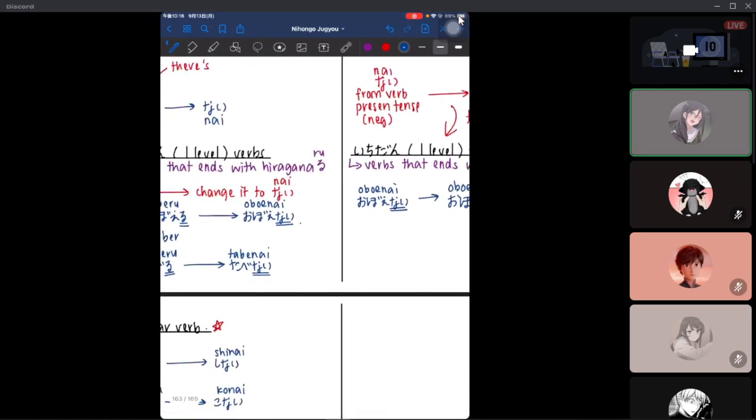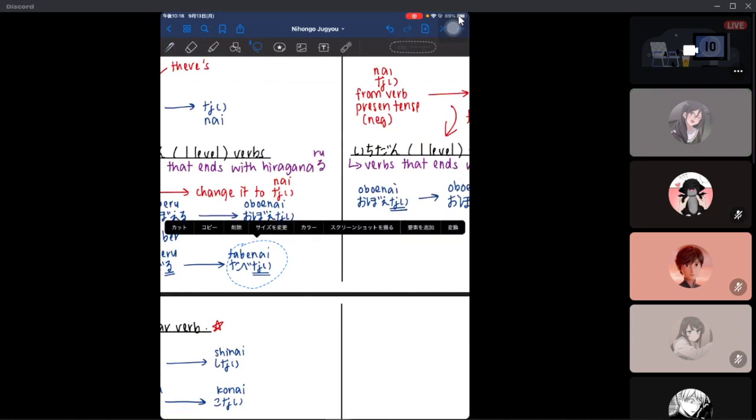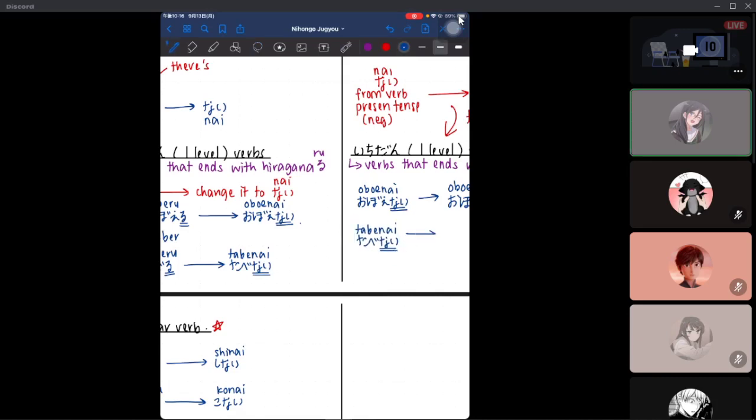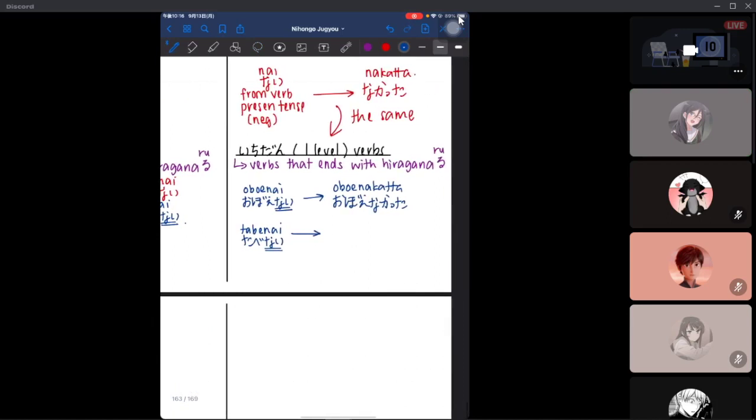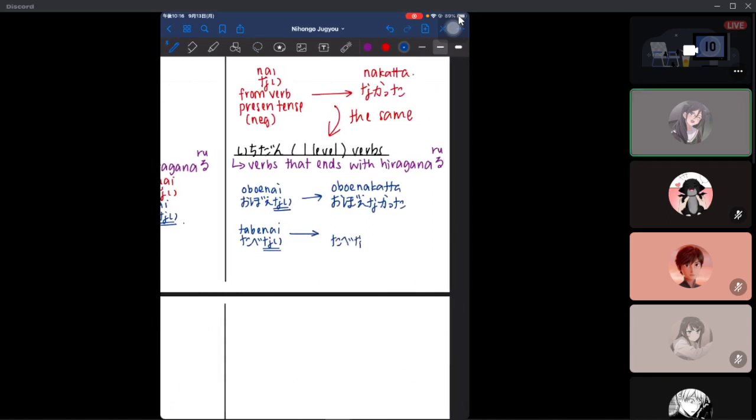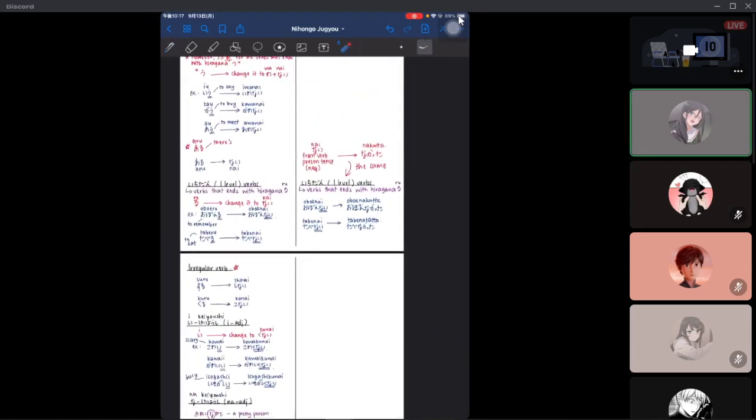And then for example, tabenai. What will it become? Tabenakatta. Yes, that is correct. So that is how you change it for ichidan verbs too.